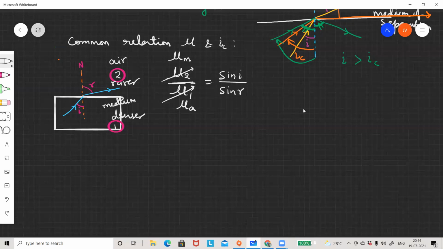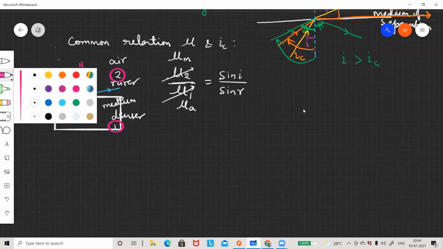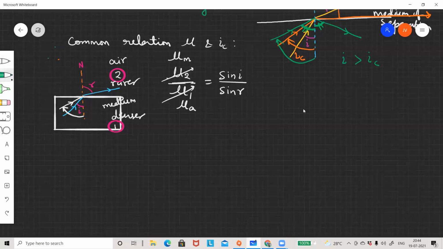Right. And then what happens if the angle of incidence is further increased to a certain angle for which the angle of refraction is 90?